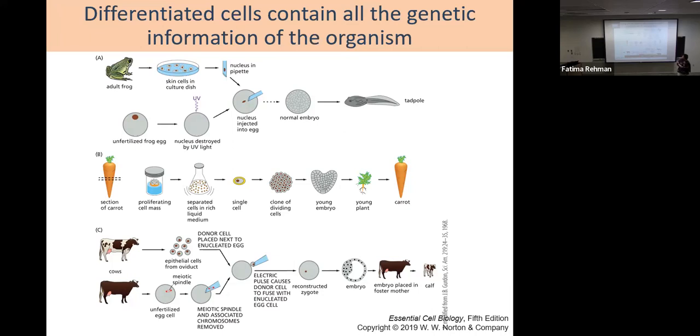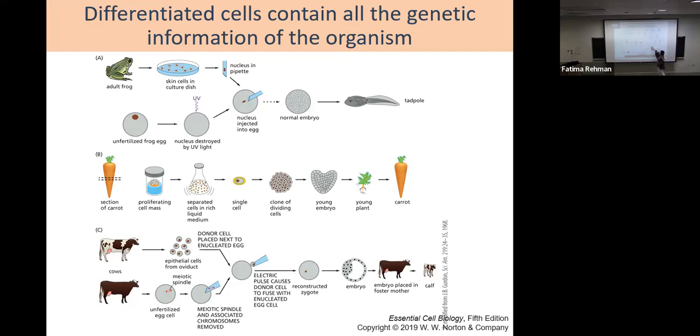Another experiment they did was again looking similarly, but this time looking at a plant cell. They took a section of a carrot and they proliferated the cells that were present in there using liquid media. And once they had a mass of cells, they separated them and created, remember in class, we all create those single cell suspensions, right? Where we take the cells off the matrix they're sitting on, and then we create a suspension with cells in it that we can grow.